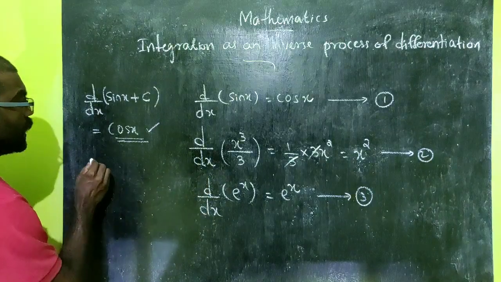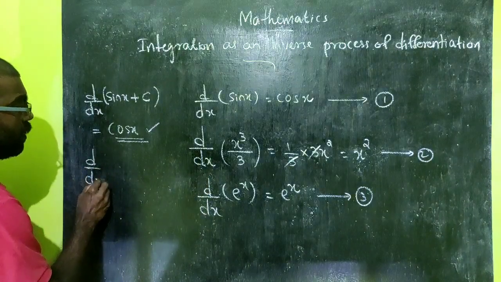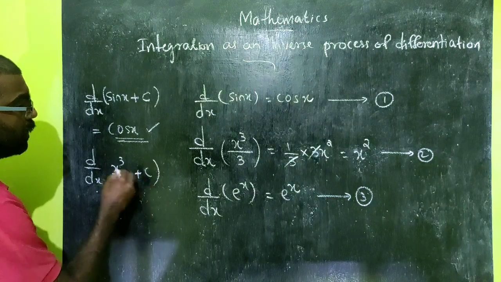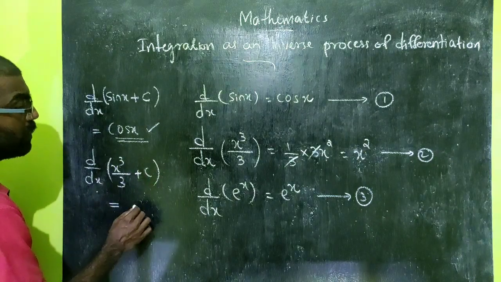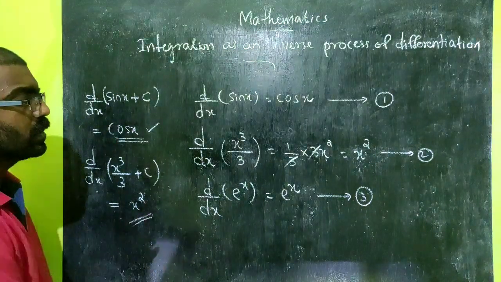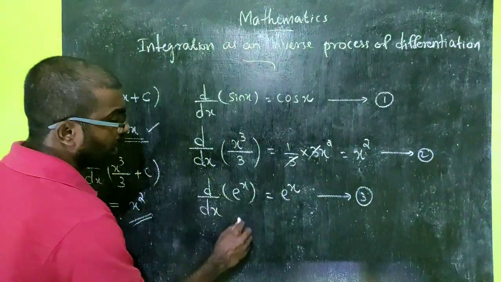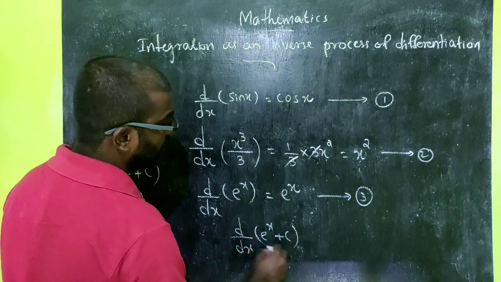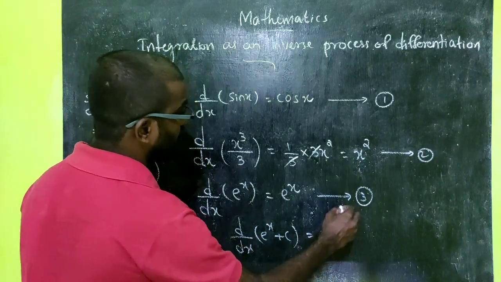Similarly, the derivative of x cube by 3 plus c is x square because the derivative of a constant is 0. And dy/dx of e raised to x plus c gives e raised to x itself.